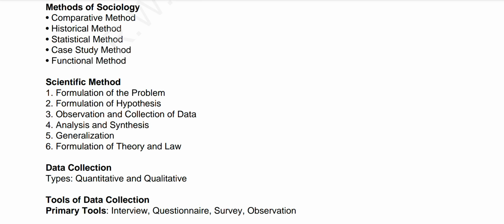Now there's one more method, that is the scientific method. The reason behind writing it separately is because this method consists of 6 steps, as I have written. Now let's see the 6 steps in the scientific method. In a simple way, in this scientific method, we understand a problem very deeply.